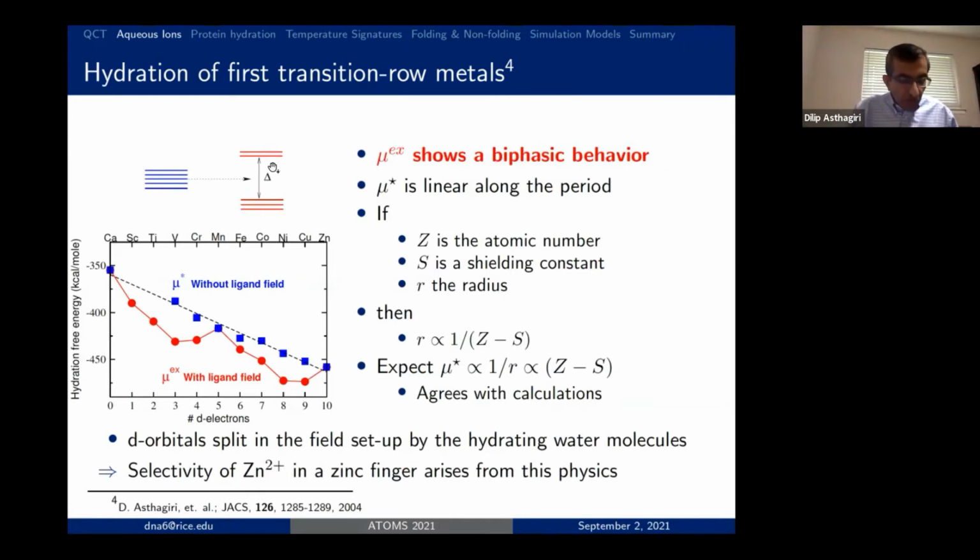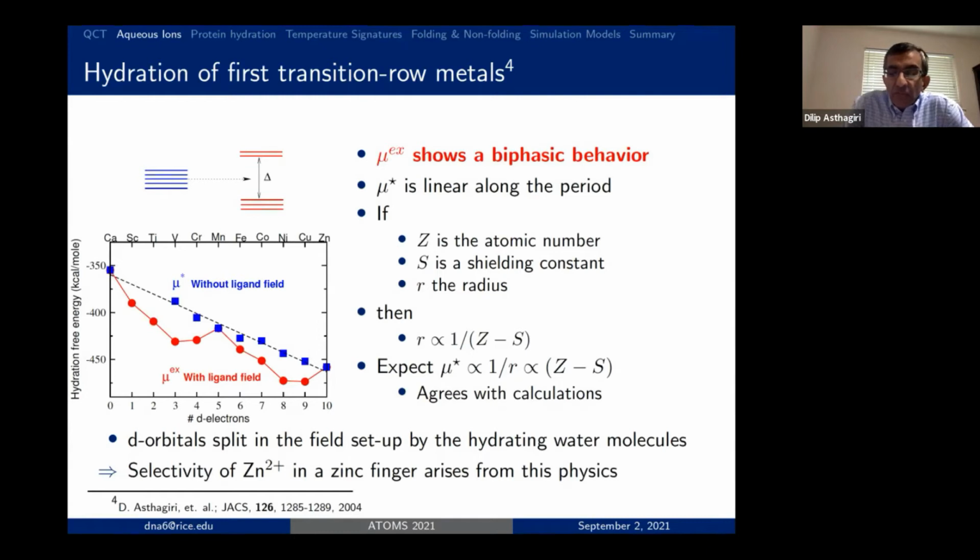As I said, we can get the contribution of splitting from spectroscopy studies and remove it from our calculation. And once you remove it, we are able to match the trends that are predicted without ligand field effects.